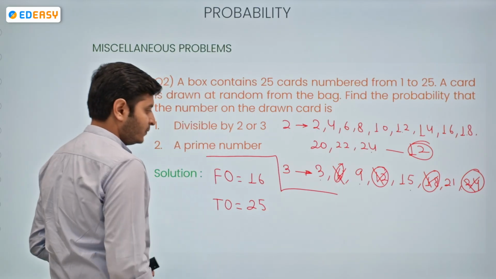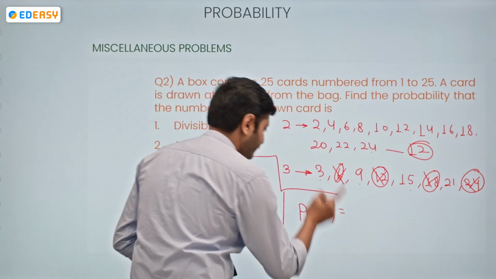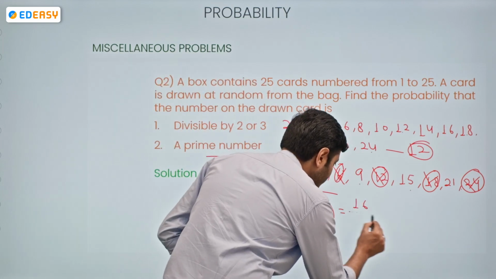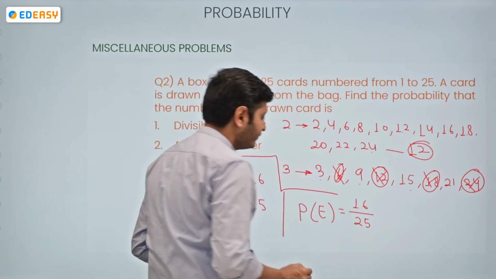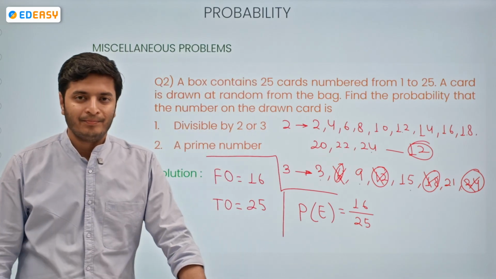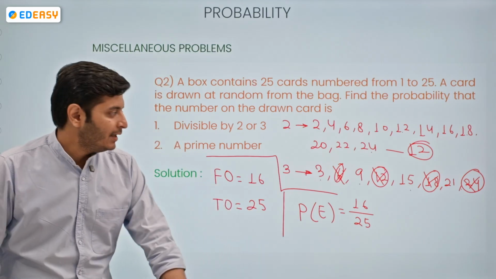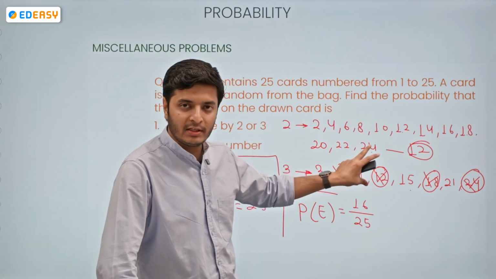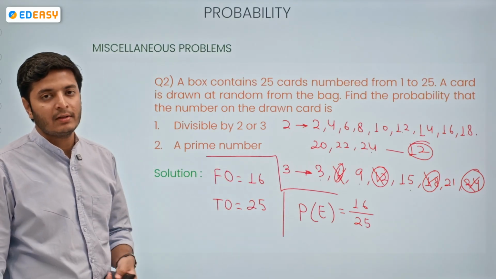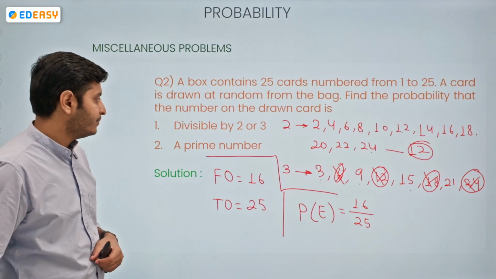So the probability of this event is favorable outcomes divided by total number of outcomes, 16 by 25. Do we have any common factor? I guess not. So this is how you can find the probability. If you are adding both the lists, you will end up with 20 by 25, and then you are gonna write 4 by 5 as your answer. That will be the wrong answer.